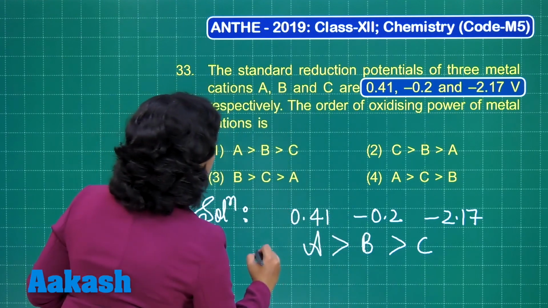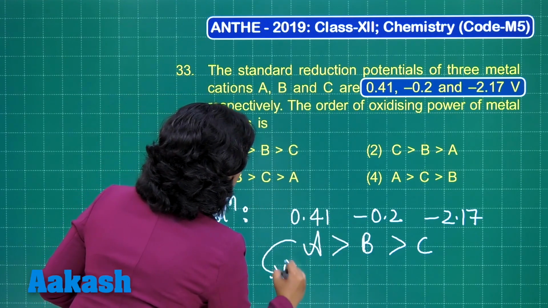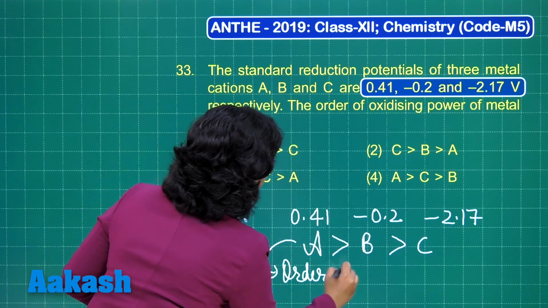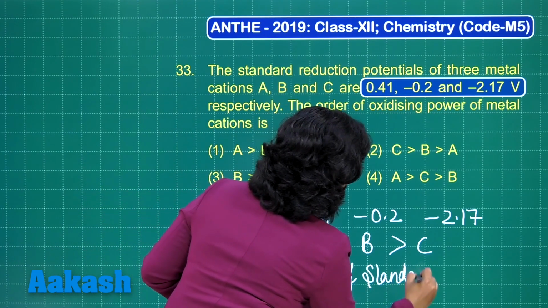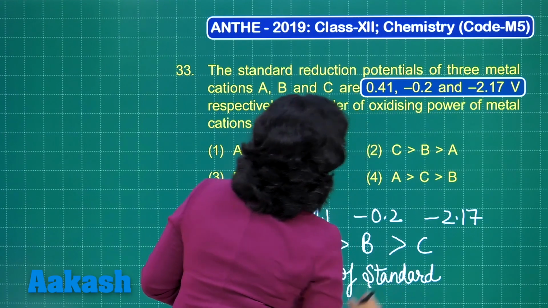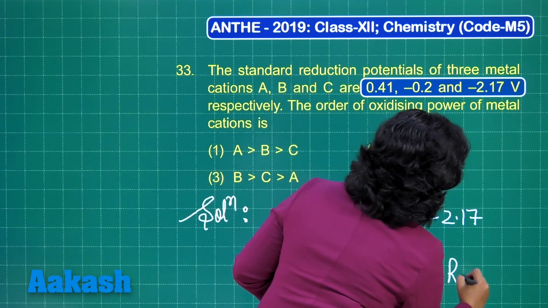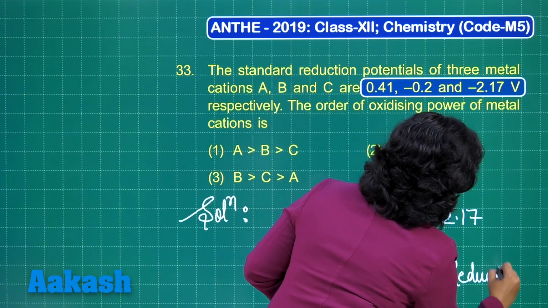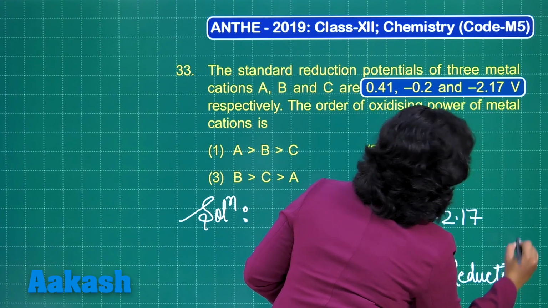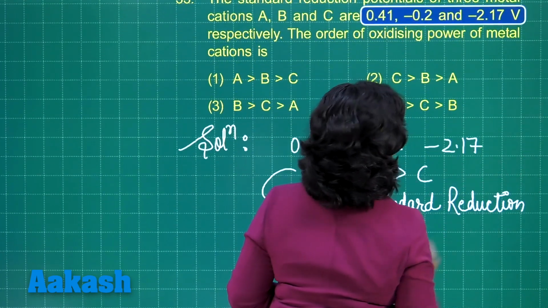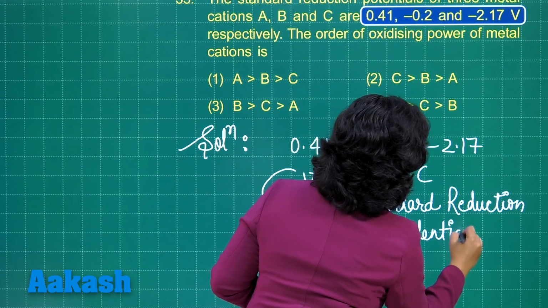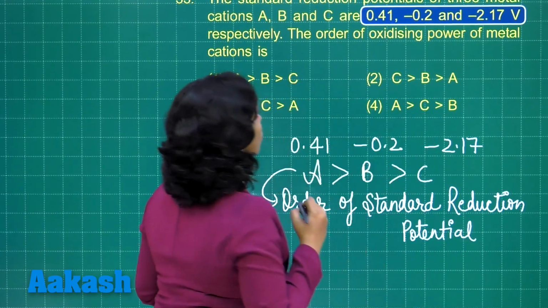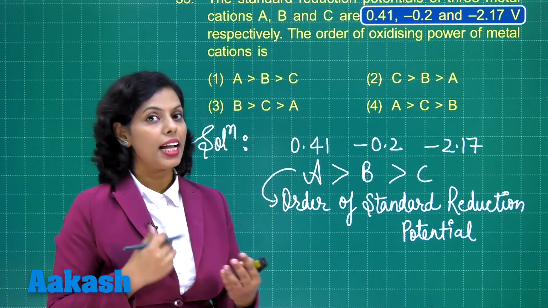So this is the order of standard reduction potential. And what is asked in the question? To arrange them in their oxidizing power.